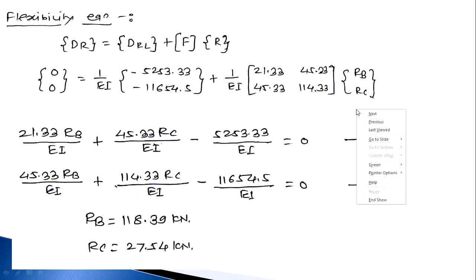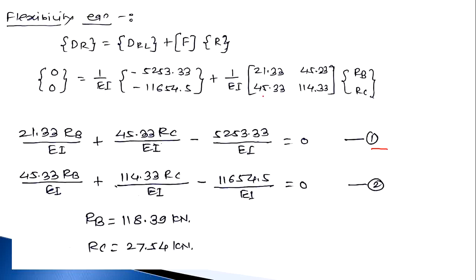Now form simultaneous equations by using this compatibility equation. First, RB into 21.33 upon EI plus RC into 45.33 upon EI minus 5253.33 upon EI. So this is equation number 1.